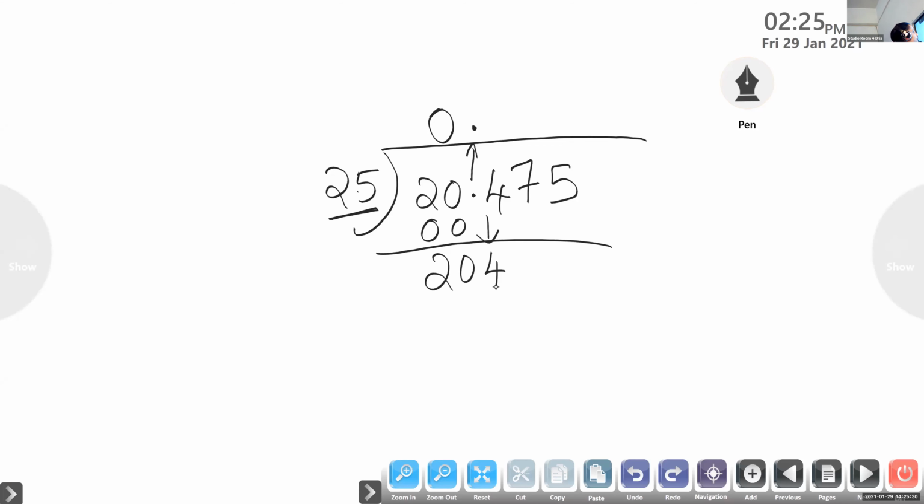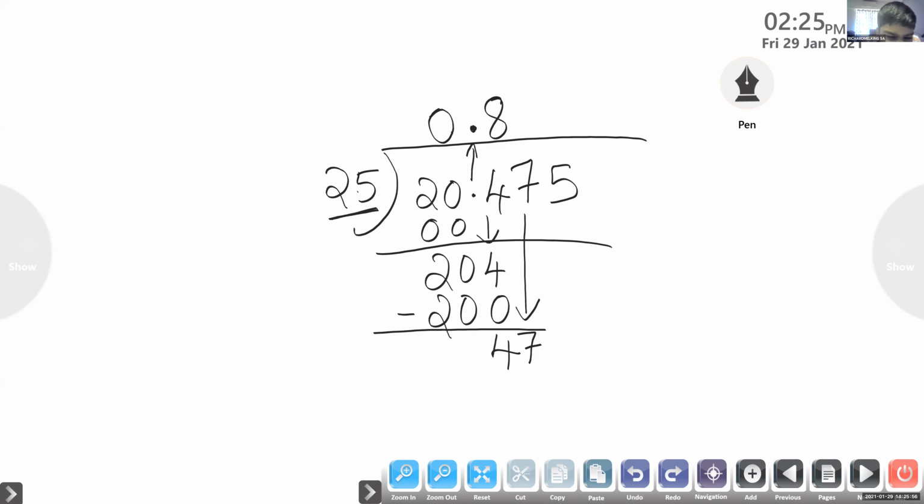Okay, now 25 into here, which number can you take? 200. 25 times? 8. Yes, 25 times 8 is 200. When you subtract, you will get 4. Bring down 7. 47. How many times can you take?